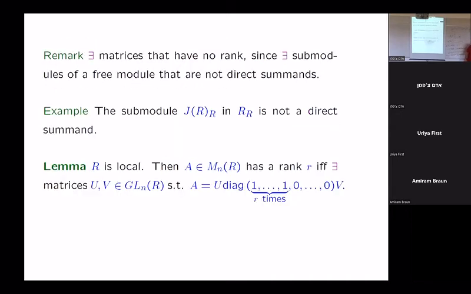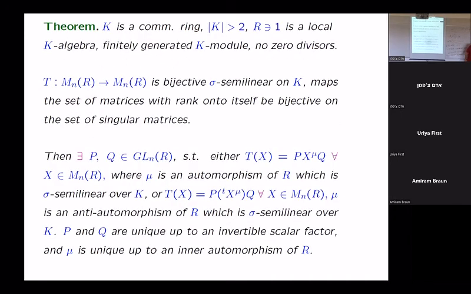And again, I will probably skip the details, but will show the analog of the Dieudonné result. So in case we are over an integral local domain, which is finitely generated as a K module over a certain commutative ring K, then again the characterization of singularity preservers is given here, and this maps to a certain standard form.